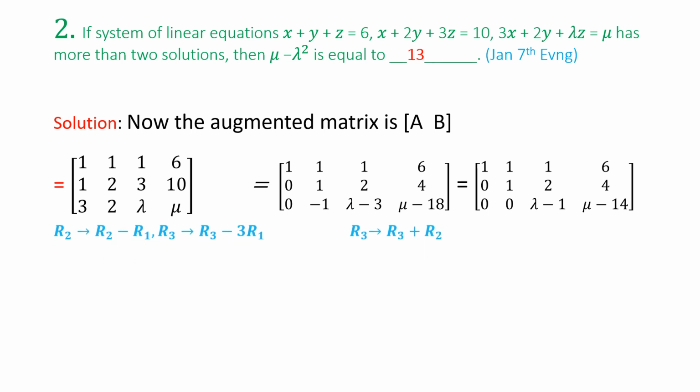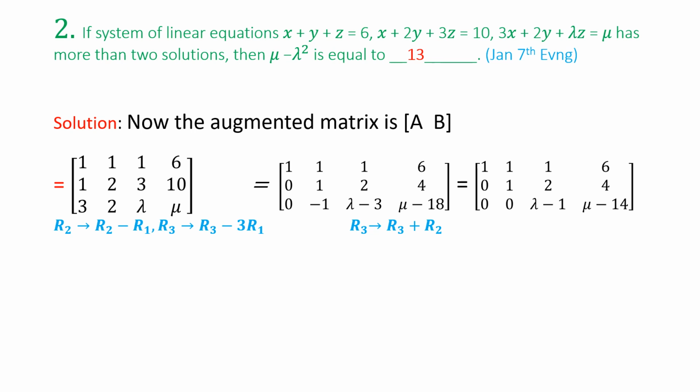Now we can apply row transformations for this matrix using R2 changes to R2 − R1, R3 changes to R3 − 3R1. Then the resultant matrix will be here. The first row will not be changed, the second row will be changed to 0, 1, 2, 4 and the third row to 0, −1, λ − 3, μ − 18.